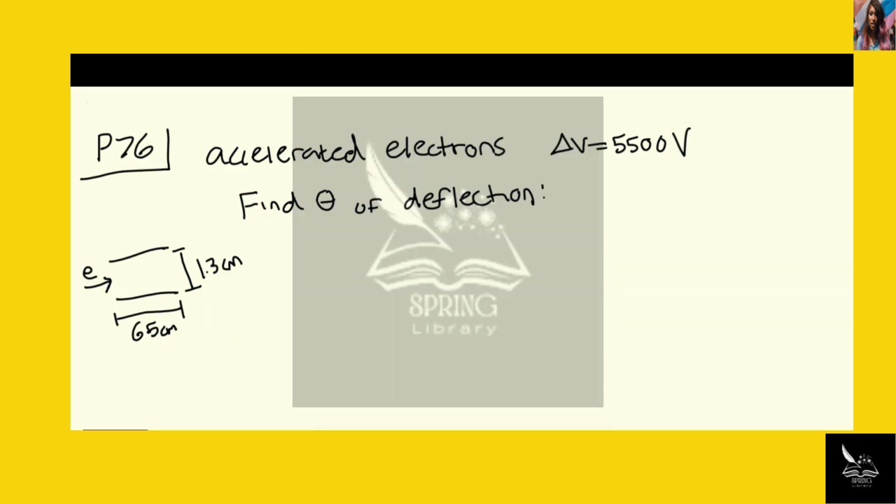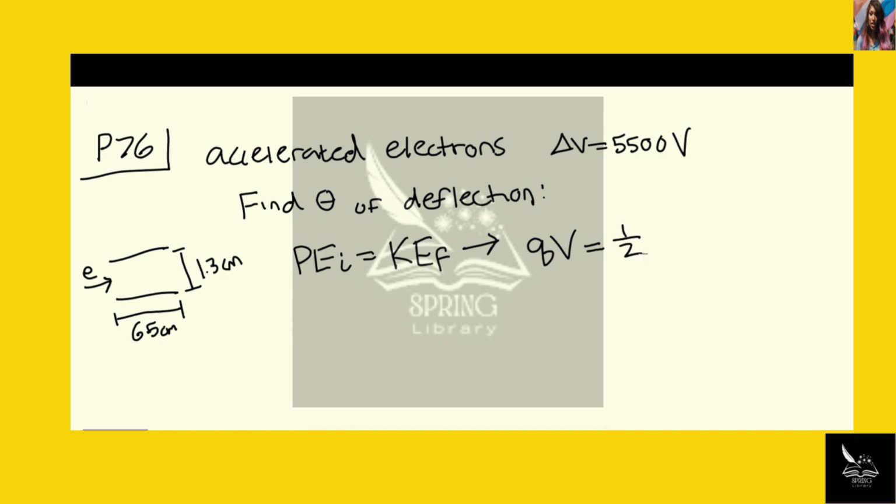So to start, we can look at the horizontal direction. We can figure out how fast these electrons are going. That is, the initial potential energy must be equal to their final kinetic energy. From this, we can get the potential energy due to simple voltage. We know delta V. We know the charge.